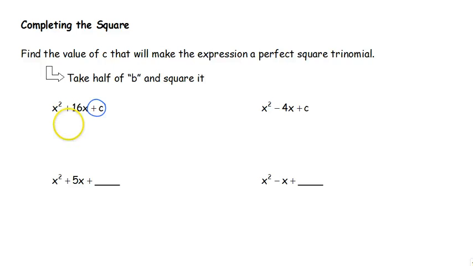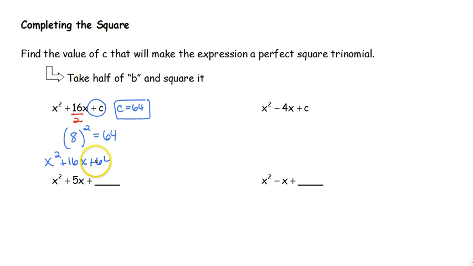The way you do this is to take half of your middle term, and in this case half of 16 is 8, and then you square it, and 8 squared is 64. So that missing c value that we were trying to solve for is 64, which means that if I were to plug that in, my perfect square trinomial is x squared plus 16x plus 64.